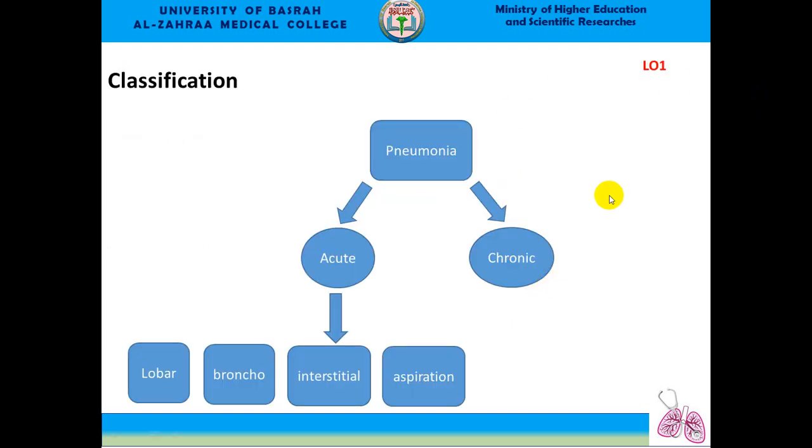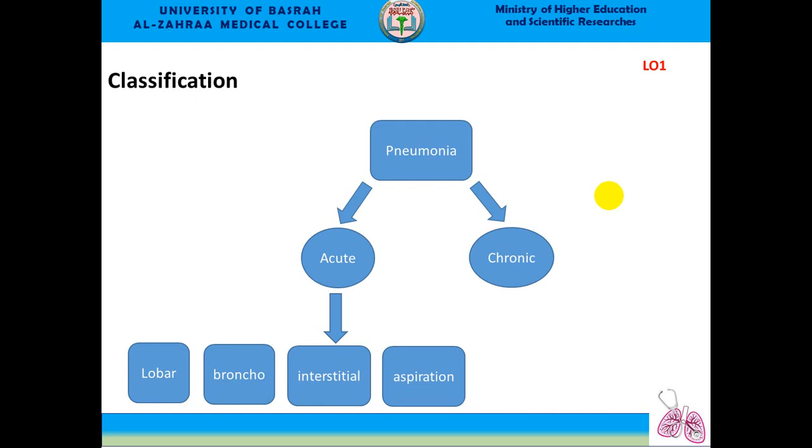In general, we can classify pneumonia according to the duration of onset of pneumonia into acute and chronic. And you know, acute means within days or a week, and chronic means within weeks.